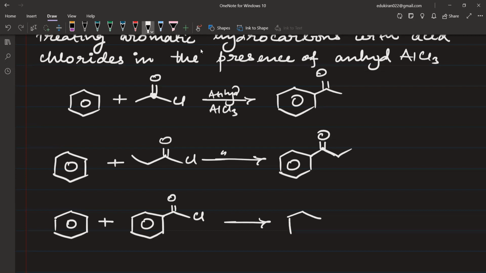You'll have the benzene ring, then this carbon atom that is containing double bond O, and then the benzene ring as it is. Anhydrous AlCl3. Write this down. Let me know when you're done.